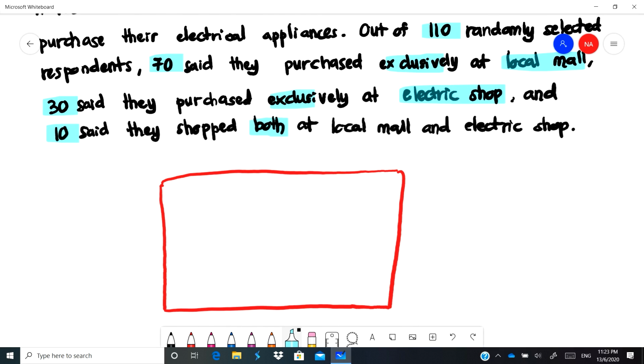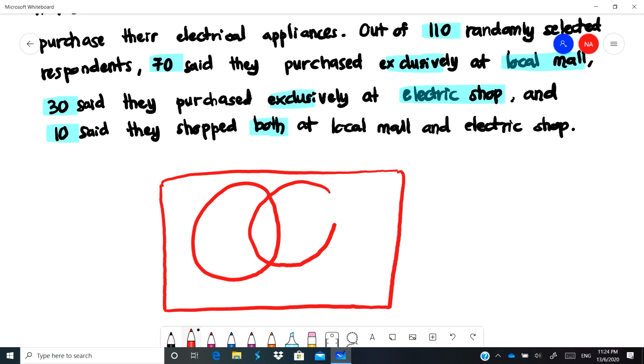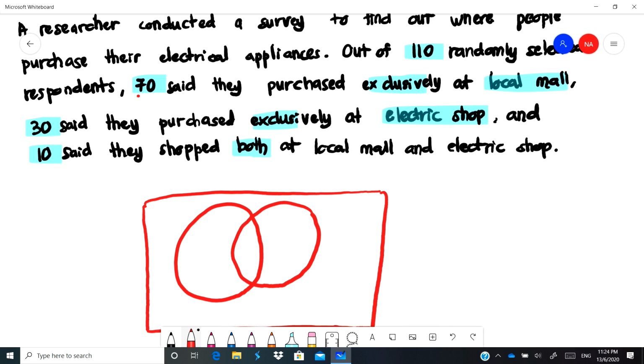So we can start drawing the set. Let me draw bigger. Okay, this looks better. Let's say 70 said local mall, so I label it as LM. I'll put 70 here because they only shop at the local mall, so it's not inside the intersection. And then we have 30 who said exclusively at the electrical shop, so it will be 30.